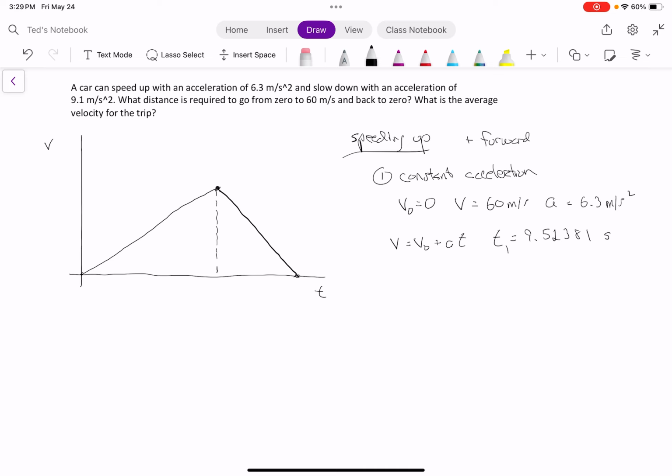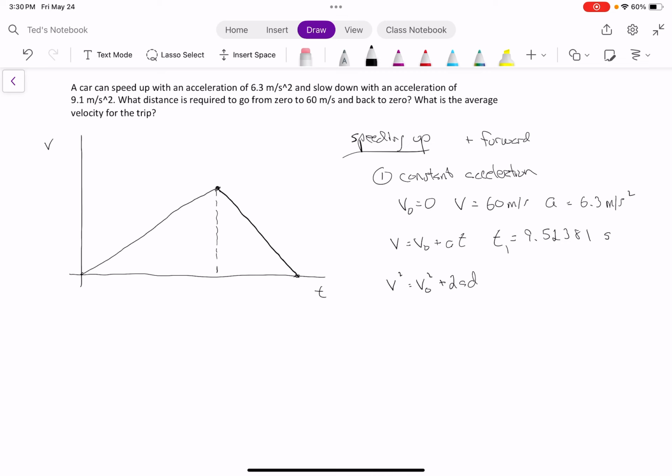Okay, we can also find the displacement using d equals v0 t plus 1/2 a t squared. That would require us to use the time we just calculated, which is fine, but we could also just use the information given in the problem by using v squared equals v0 squared plus 2ad.